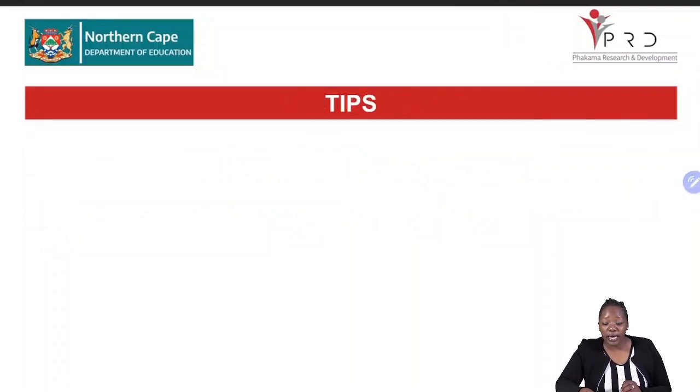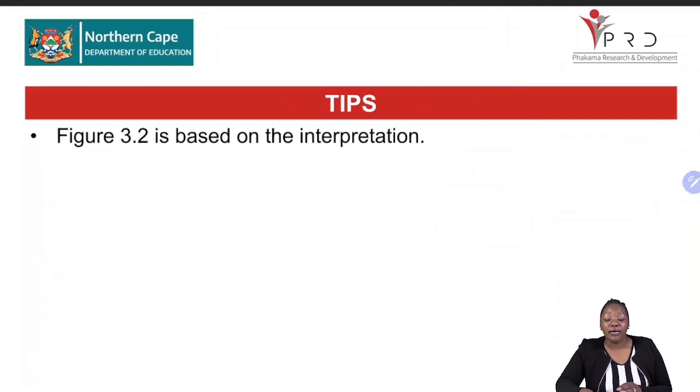Then looking at the tips again, in figure 3.2, it's based on interpretation. Remember, I said you're going to interpret what we have learned in the theory, and you are going to interpret what we have learned in the general information, or you interpret what you see in the map when they are saying refer to block so and so.